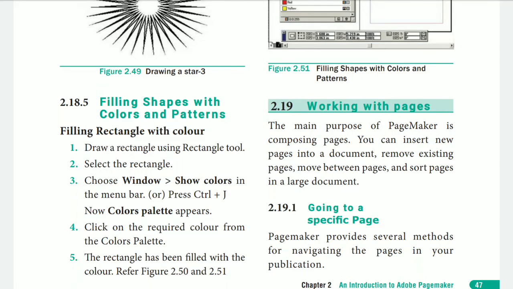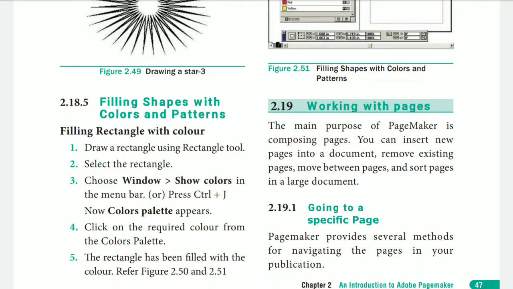Okay, so first you have to draw some shapes. Draw a rectangle using the rectangle tool. Select the rectangle, choose Window, Show Color. In the Window menu there is a sub option known as Show Color in the menu bar, or you can press Ctrl J. Now the color palette appears.